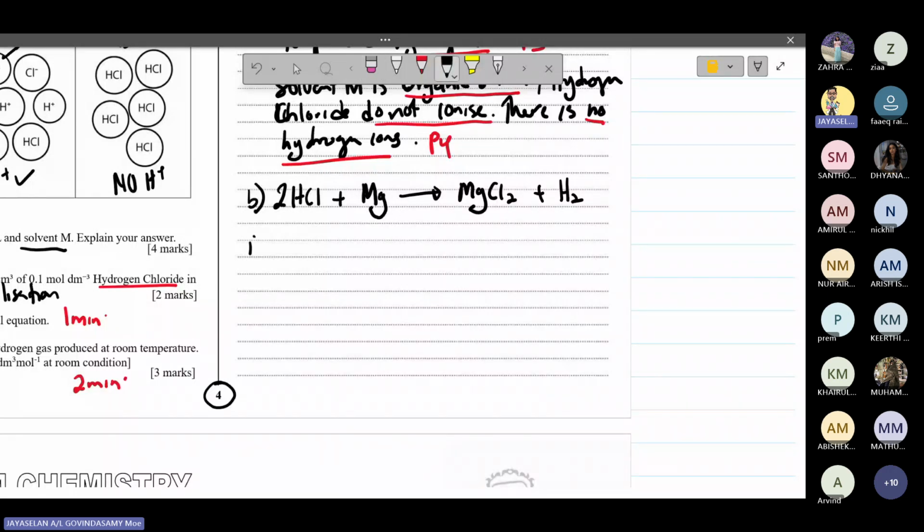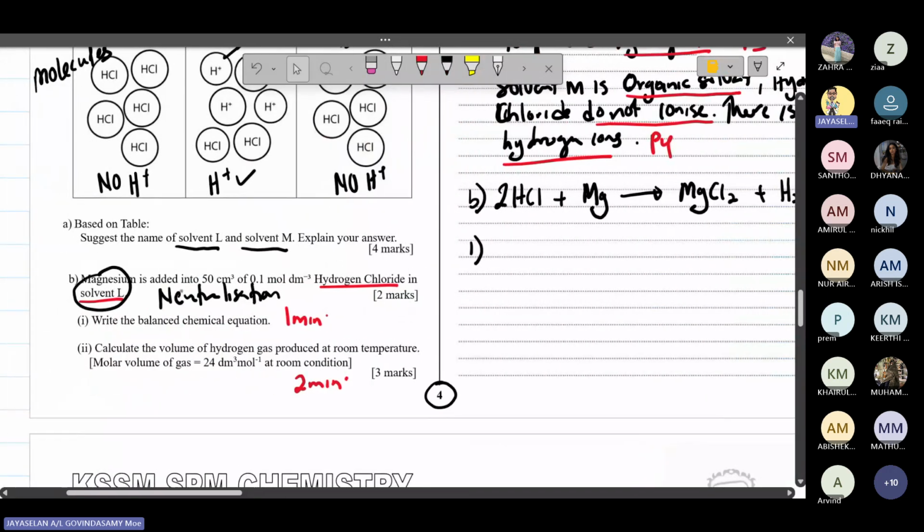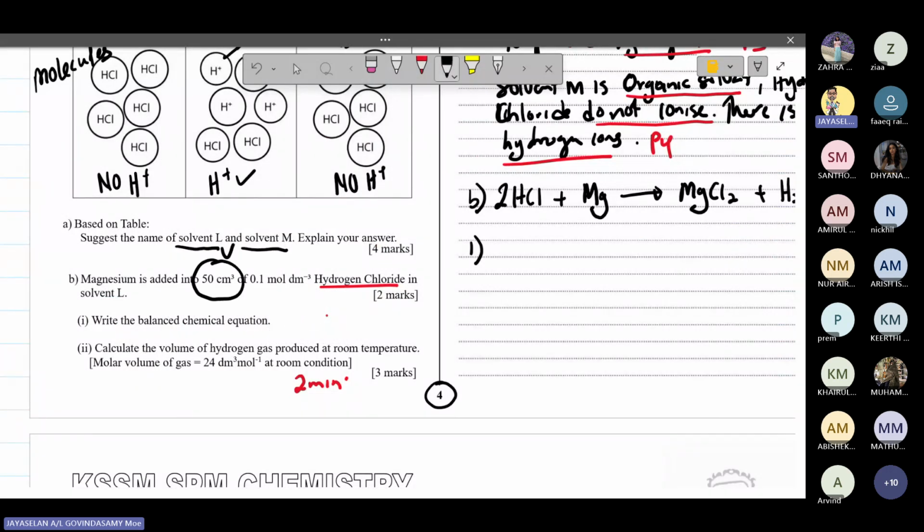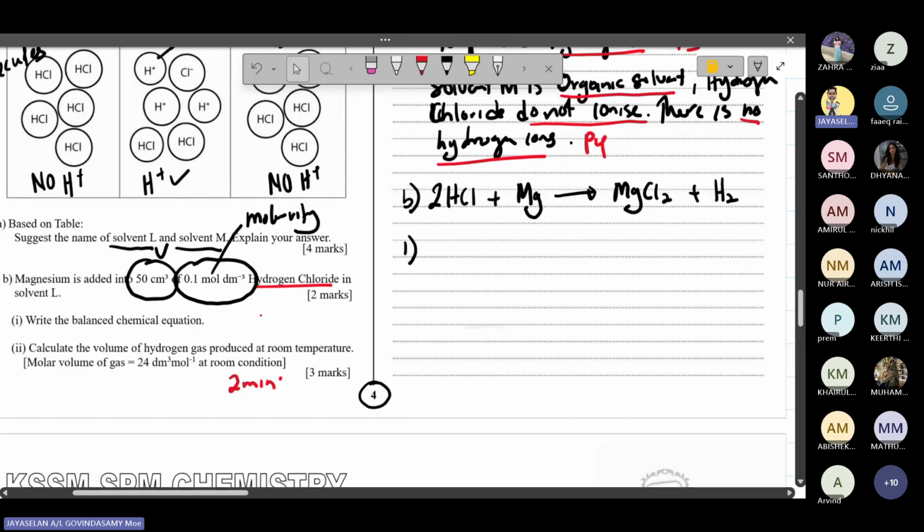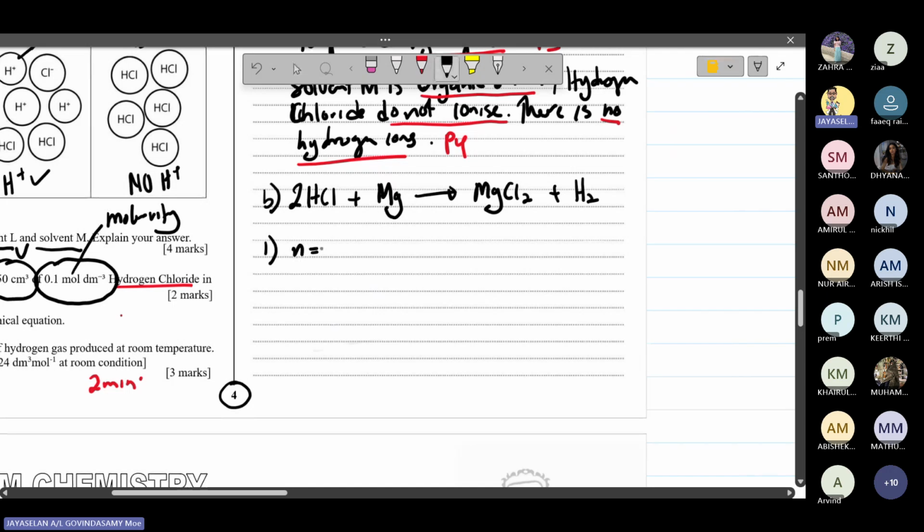Then next step, what is given? And convert the given into number of moles. Very simple. This is volume, and this is not number of moles. Look carefully. This is called molarity. Molarity means concentration. So M and V are given. First step, n equals MV over 1000.